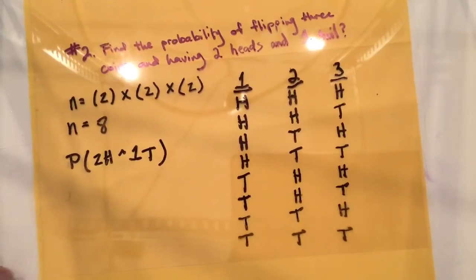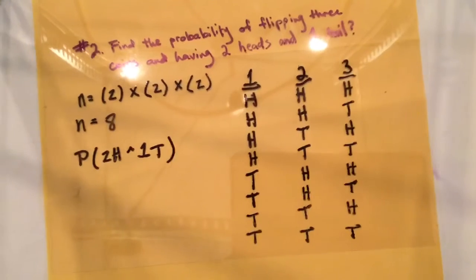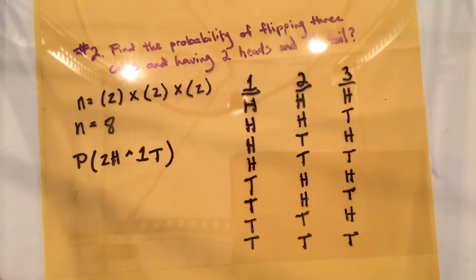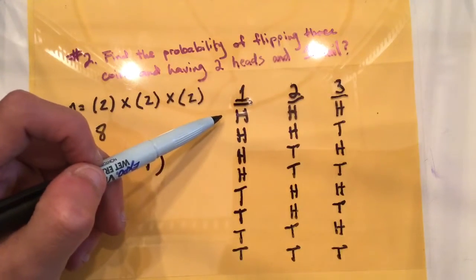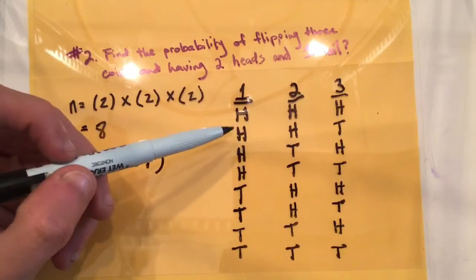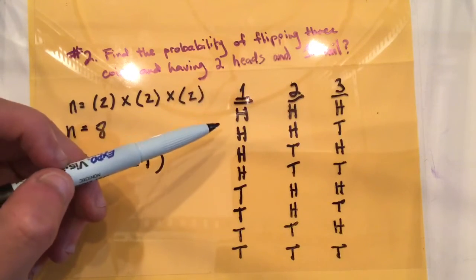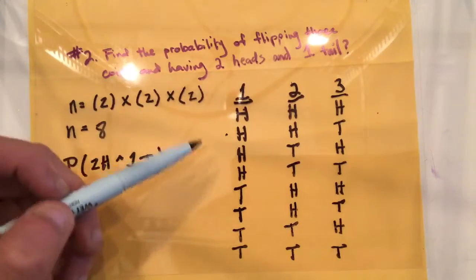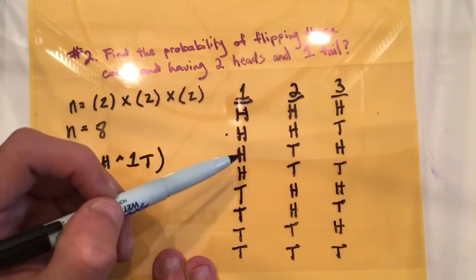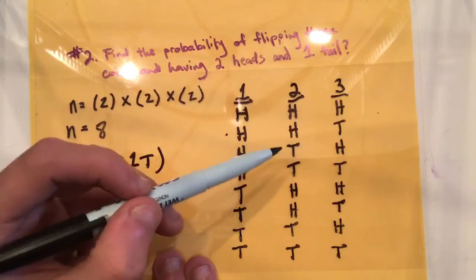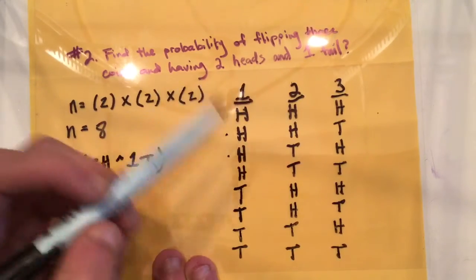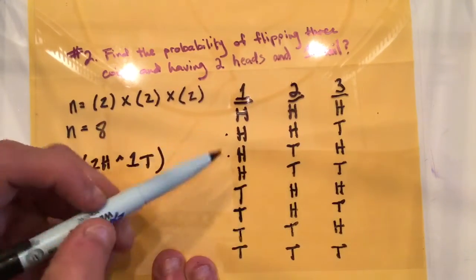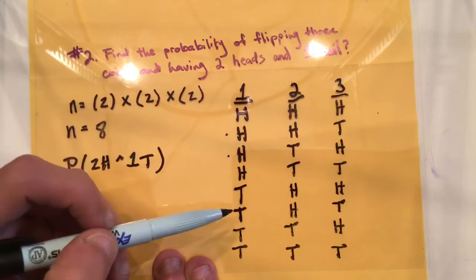If we look at our chart, we can go down row by row. First try, we got heads, heads, heads, which does have the 2 heads, but we don't have a tail. Here we got heads, heads, tail. Boom, perfect. We'll put a dot on it. Here we got heads, tail, heads. Still has 2 heads and 1 tail, so good to go. Here we got heads, tails, tails. 2 tails, only 1 head, so not what we want.